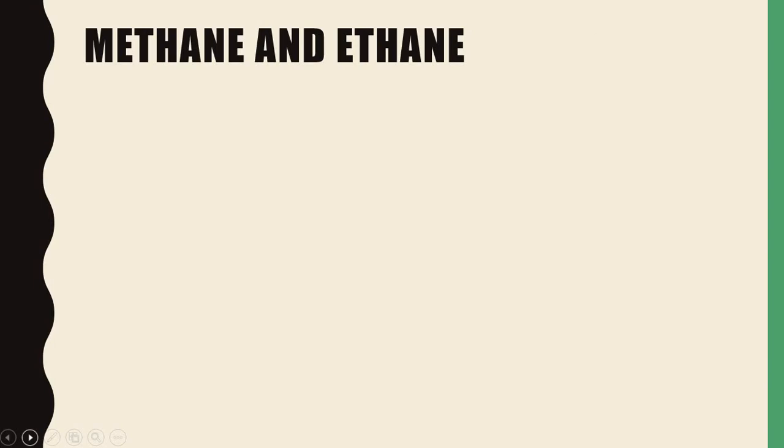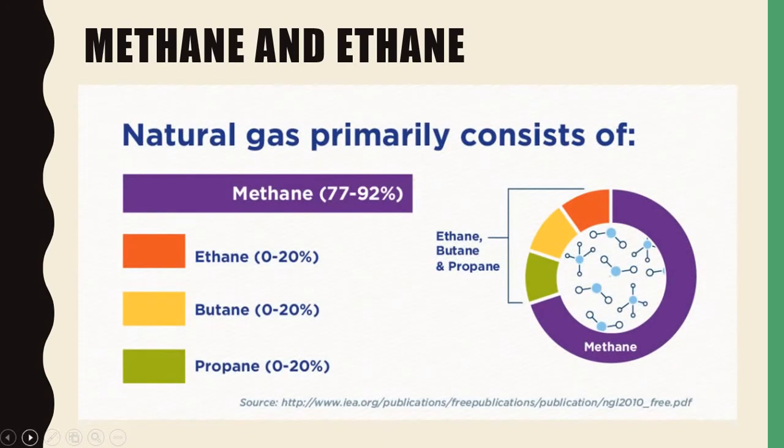Natural gas mainly contains methane and ethane and is used for heating and cooking purposes, and also for power utilities like gas turbines. So we have here the composition of natural gas.